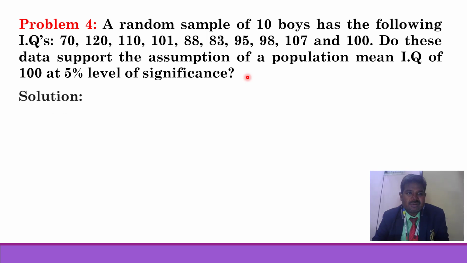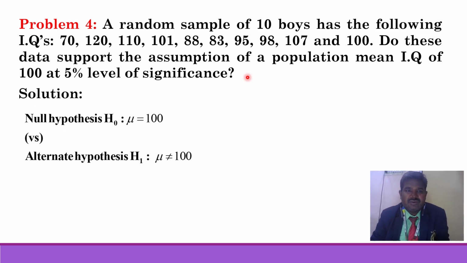So now we can analyze the problem. Here the sample size is given as 10, which is less than 30. Therefore, we take it as a small sample. And here the observation values are given, and the population mean is given, mu is equal to 100.